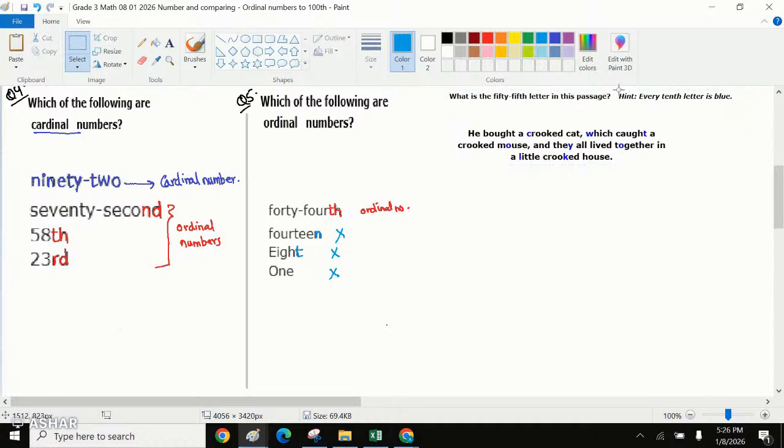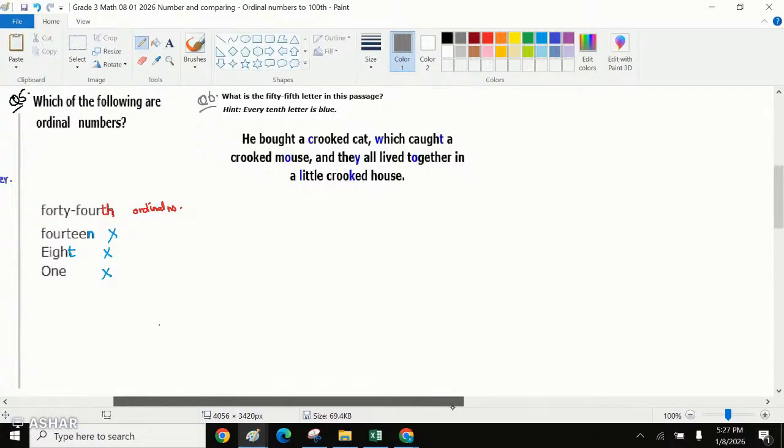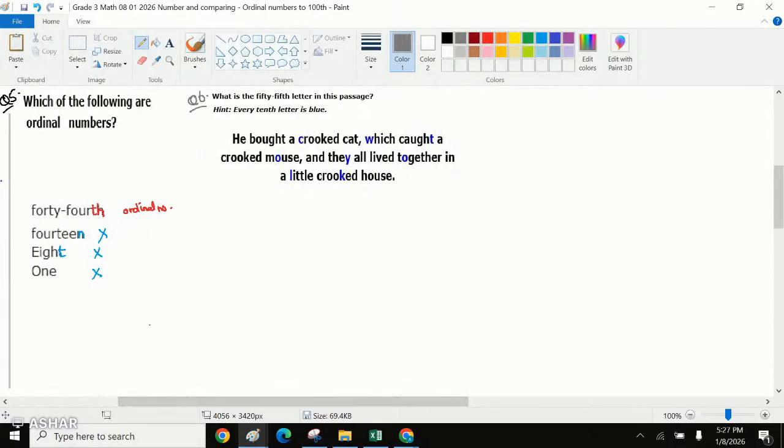I told you that whenever they want us to find a particular position, they use th. So let this be question number 6. The question says, what is the 55th letter? It says th, which means an ordinal number is given. We need to find the position of the 55th letter in this passage.